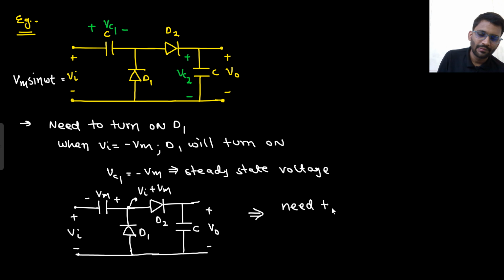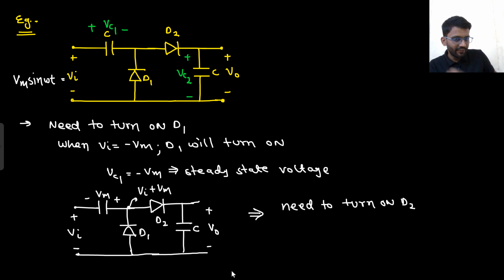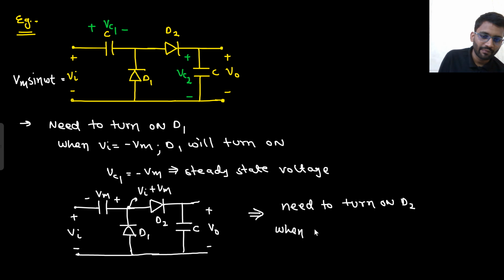Need to turn on D2. D2 can turn on when Vin is 0, but we will turn it on at the maximum positive supply. So when Vin is equal to plus Vm, D2 is on.